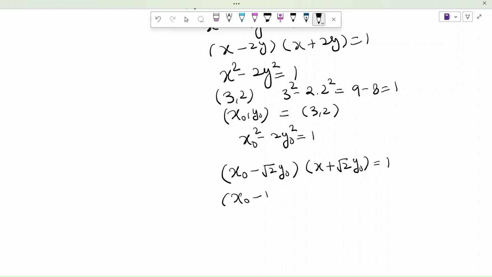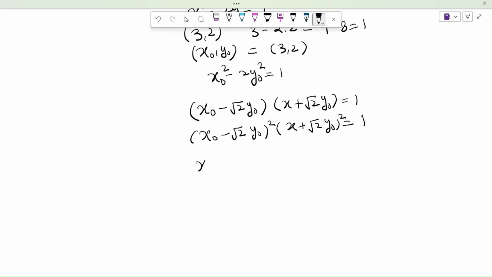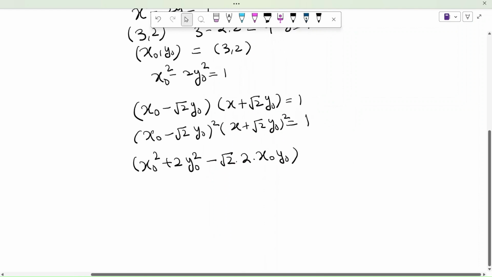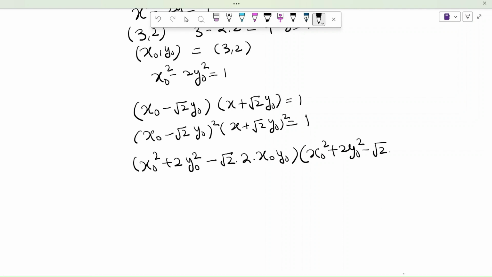So we get (x0 − √2 y0)² (x0 + √2 y0)² = 1. We get (x0² + 2y0² − 2√2 x0 y0), and the second bracket also we get in a similar way, (x0² + 2y0² + 2√2 x0 y0), equal to 1 because 1 squared is 1.